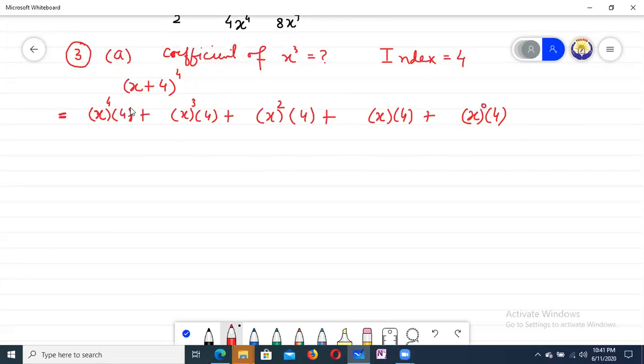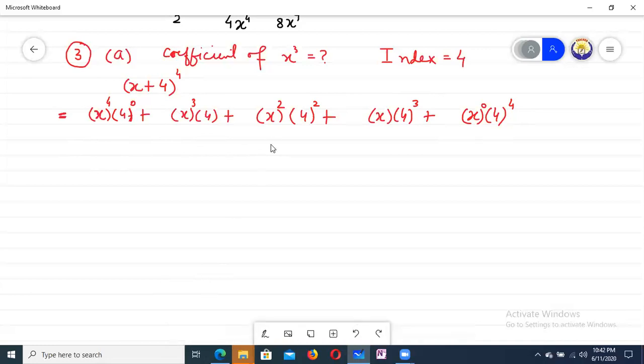And on the second term, we will start from 0. 0, here index 1, here will be 2, here 3, and here will be 4. Now we'll place here the coefficients of these terms. As here index is 4, we will use the coefficients of the fourth row.